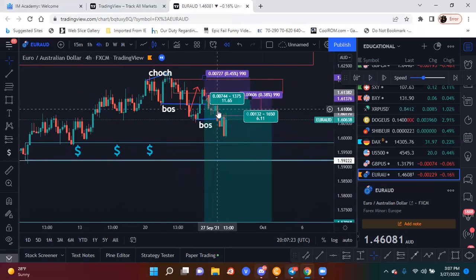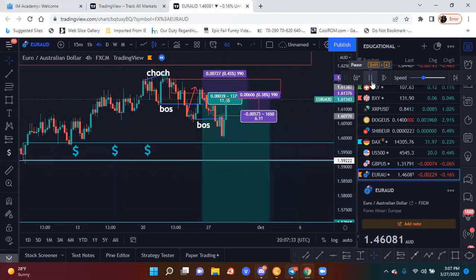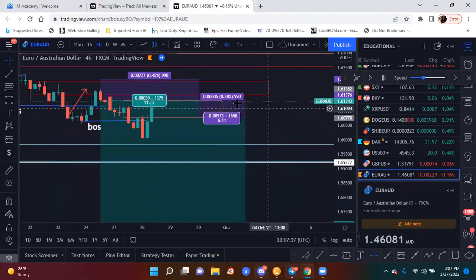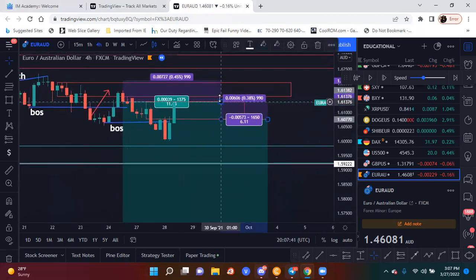All right, so we got a pullback to the supply zone. Usually, well, let's see what the next candle does. Ooh, wow. Did I get stopped out? Where's this at? Right there.